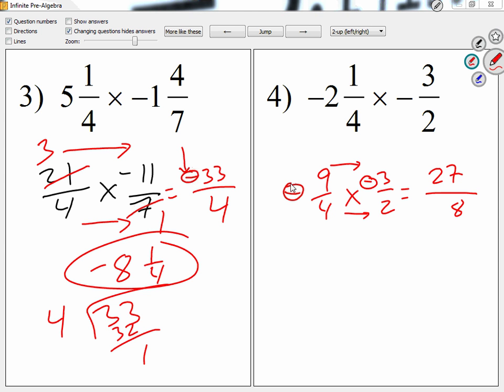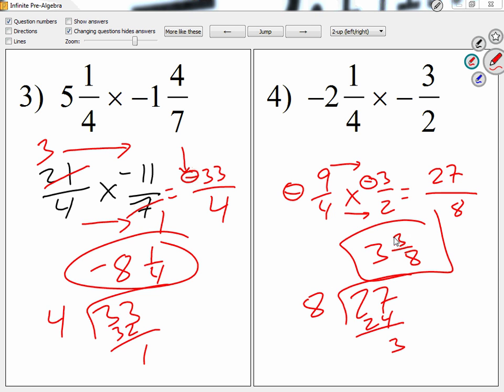Right? Two negative signs make a positive sign. So 27 over 8. Big number on top, so don't forget to divide. 3. My remainder is 3. So 3 over 8. So the front side, you guys have all multiplication.